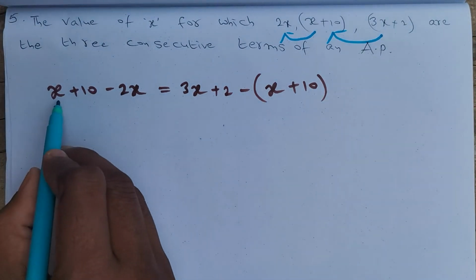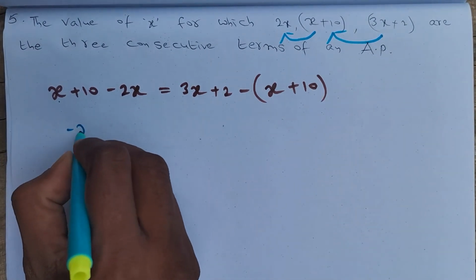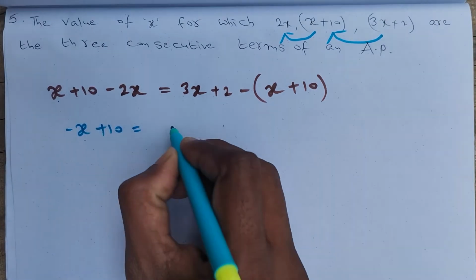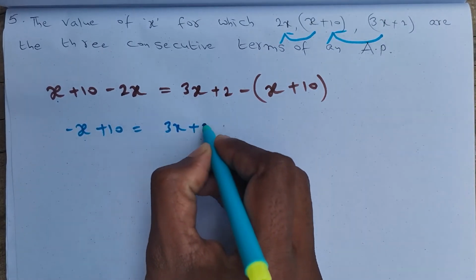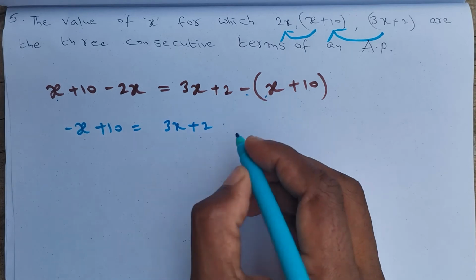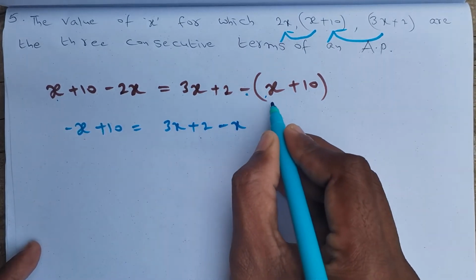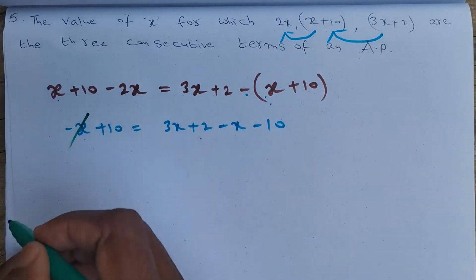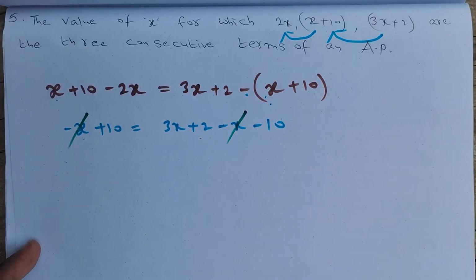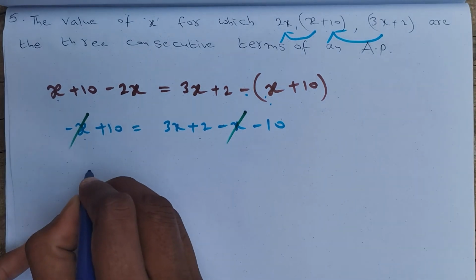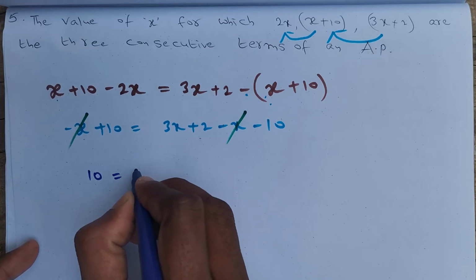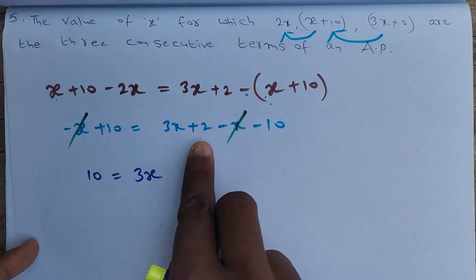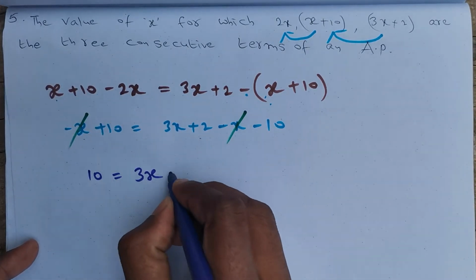Now x plus 10 minus 2x is equal to 3x plus 2 minus x minus 10. Left side minus x, right side minus x, both will get cancelled. Next, left side we have 10 is equal to 3x plus 2 minus 10, minus 8.